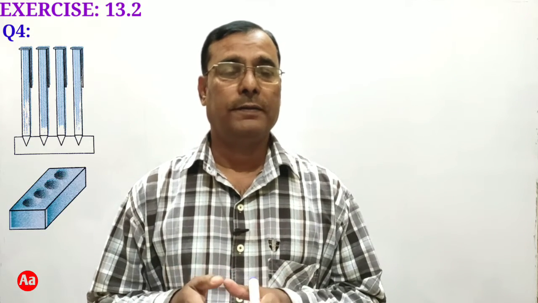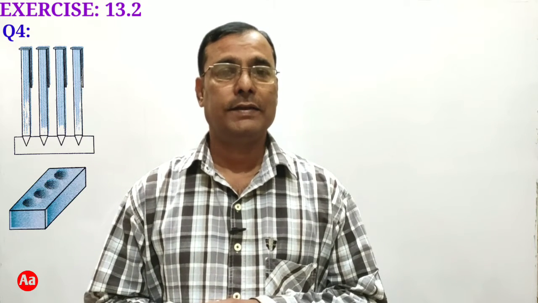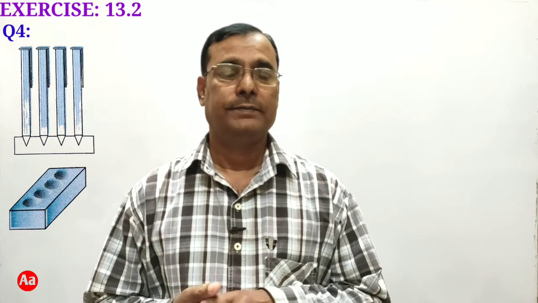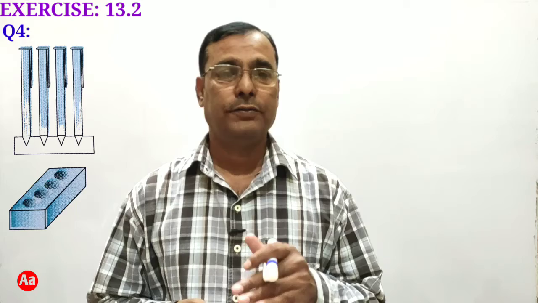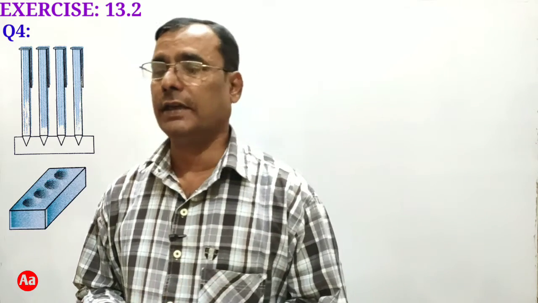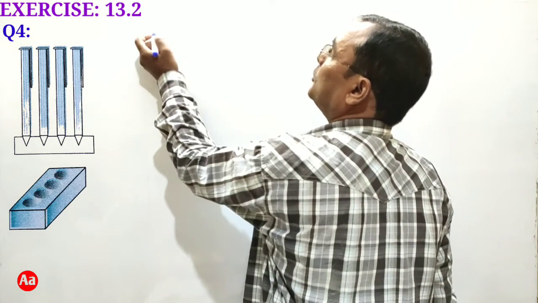So volume of wood in the pen stand is going to be equal to volume of cuboid minus volume of 4 conical depressions. So let us write dimensions of the cuboid.